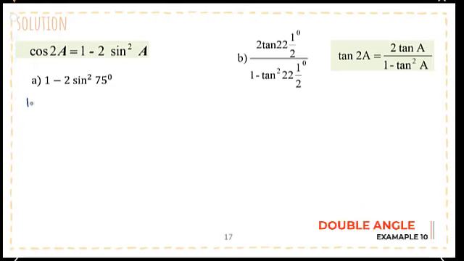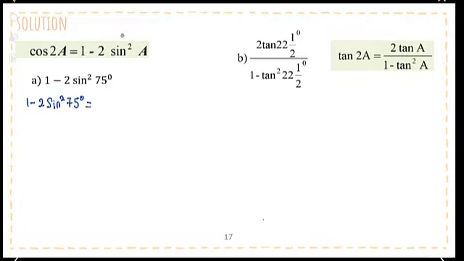So how are we going to write it here? We start with 1 minus 2 sine square 75 degree, which is on your right hand side, equals cos 2A. So A now is 75 degree. So cos 2 multiply 75 degree gives us 150 degree.